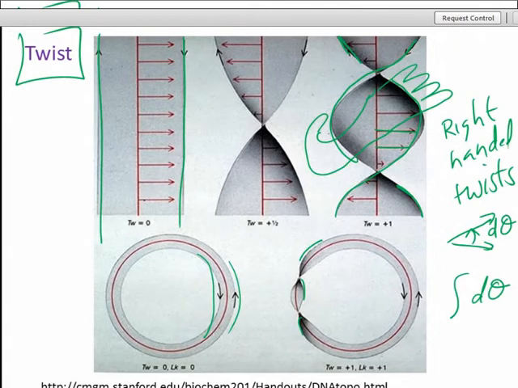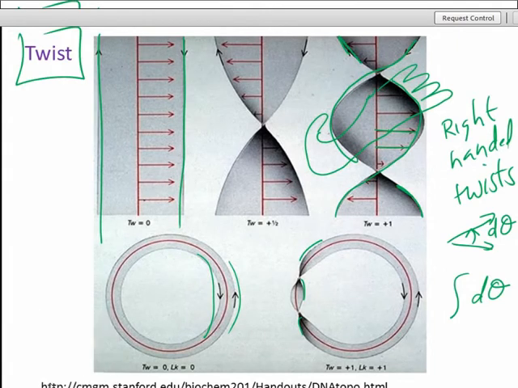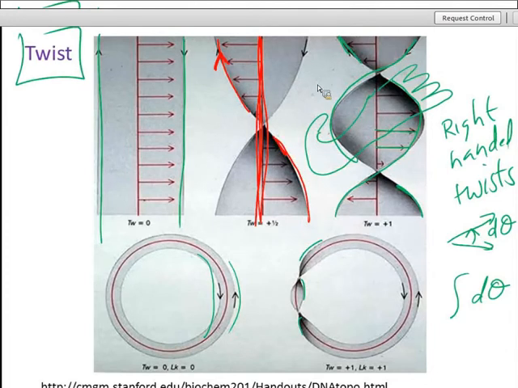One thing to note is that the twist of your DNA, when we calculate it, is generally about the backbone. If I were to take the two strands, you actually mathematically get a different number when you integrate this. So instead, we use the center line.